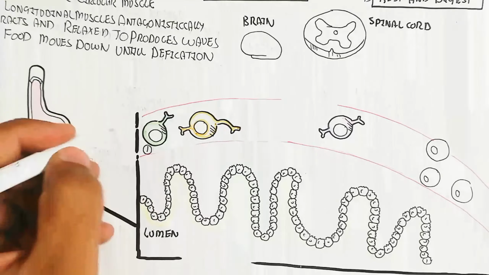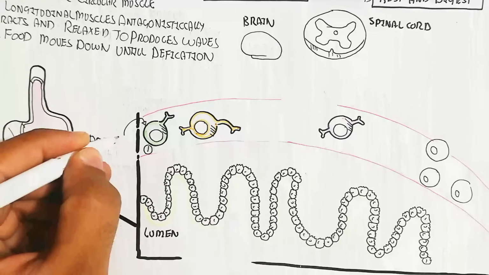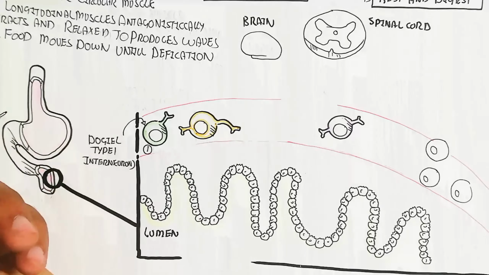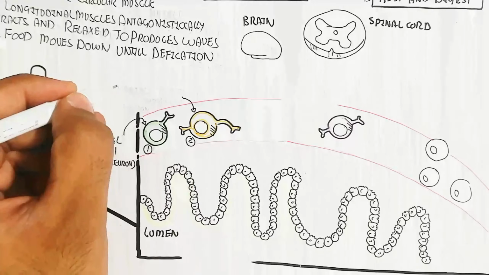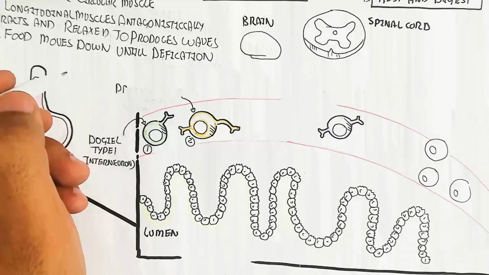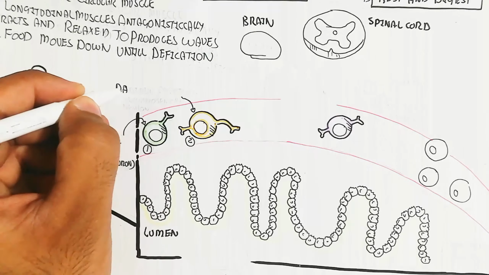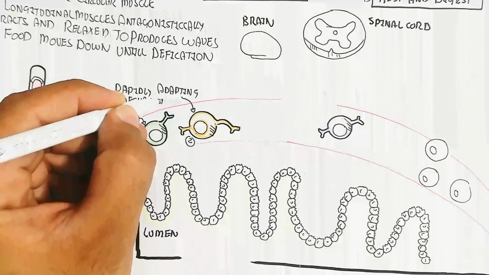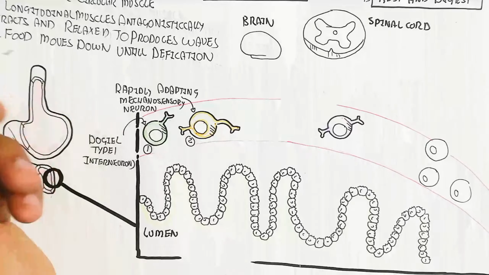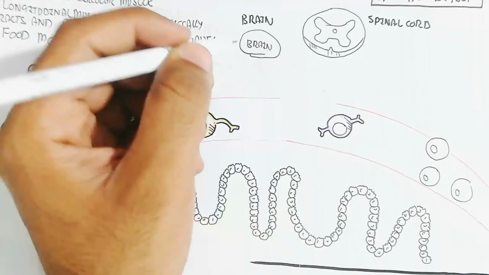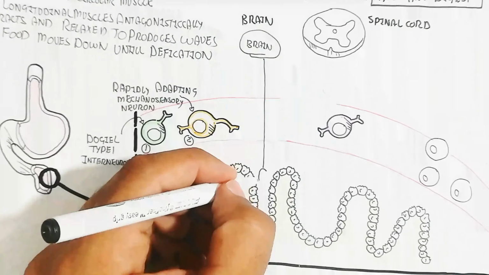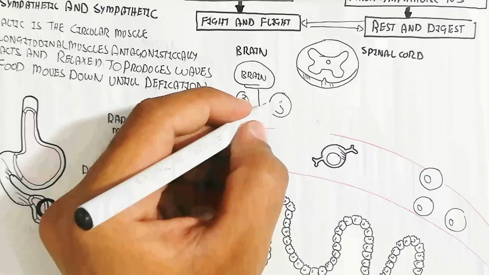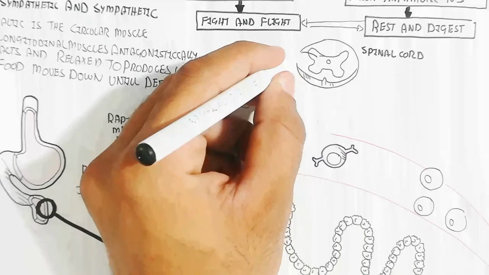Here you can see the digestive tract, inside of which is the lumen, where the food is present, while this is the dogiel type 1 interneuron, and this is the rapidly adapting mechanosensory neuron, which senses the distension of the lumen. On the other hand, this is the brain, which contains our nerves, the vagal nerves.